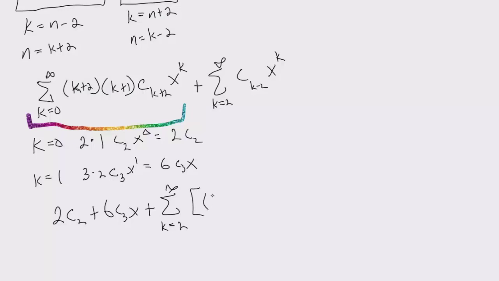So k plus 2, k plus 1, and that's c to the k plus 2 plus c to the k minus 2, and all of that is times x to the k. Okay, so hopefully that walkthrough is a little bit smoother than the previous one, so good luck.